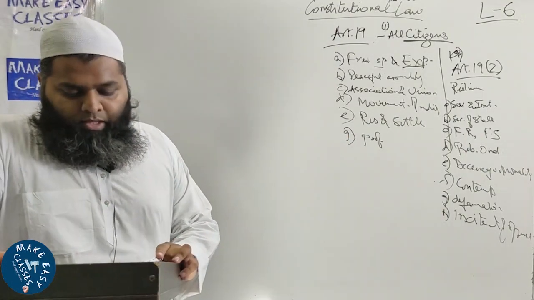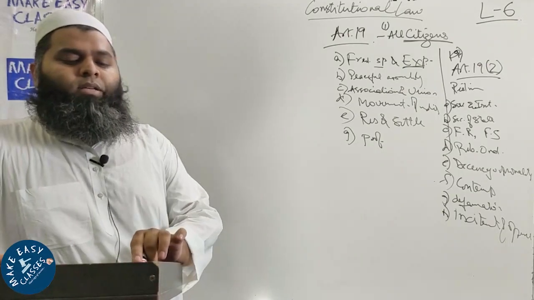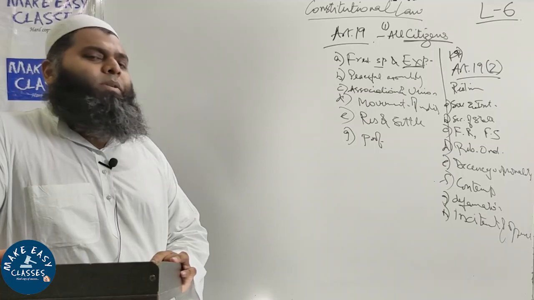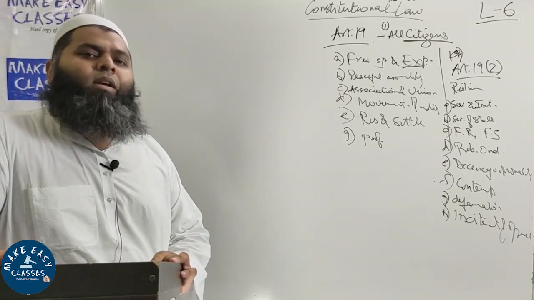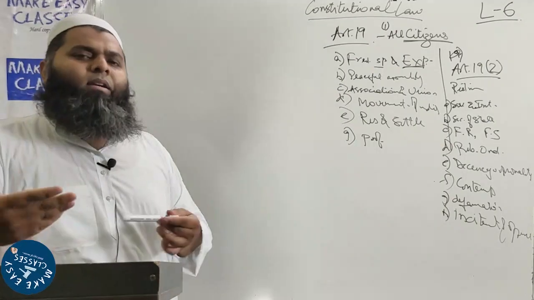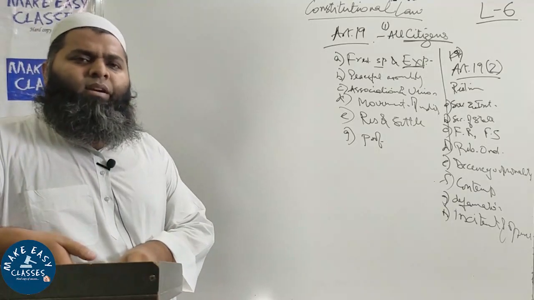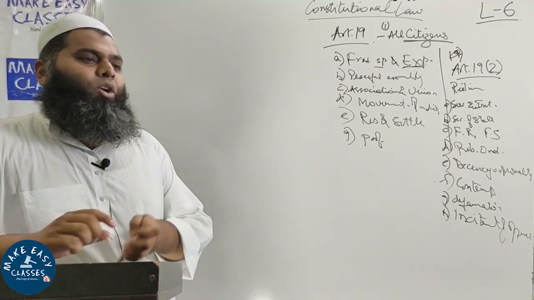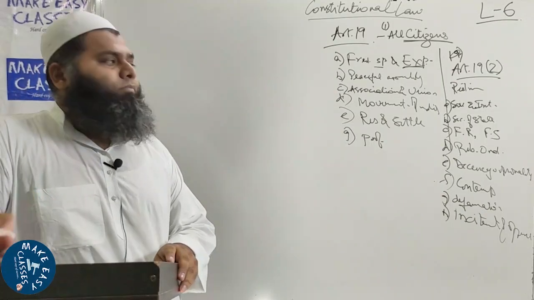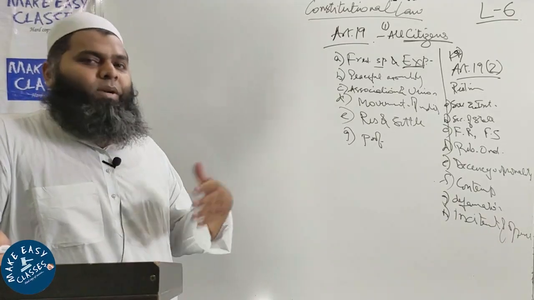Now the third one is friendly relations with foreign states. This relates to the foreign policy of the state, which means that the country has friendly relations with many nations in the world, bilateral relationships and different types of relationships for business, trade and different purposes. Those relations should not be affected by these freedoms.